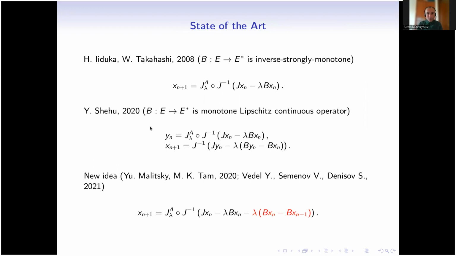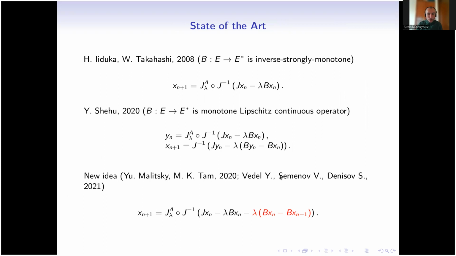Another example of algorithm does not require such strict properties, but you see we need actually two operator calculations on each step, also J inverse J, and one resolvent calculation.